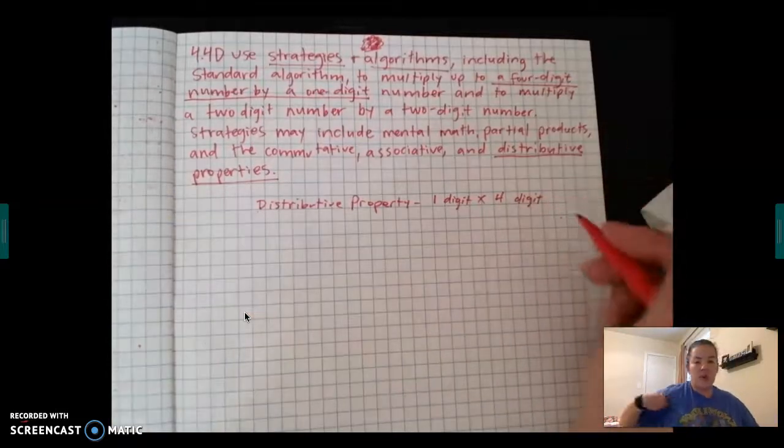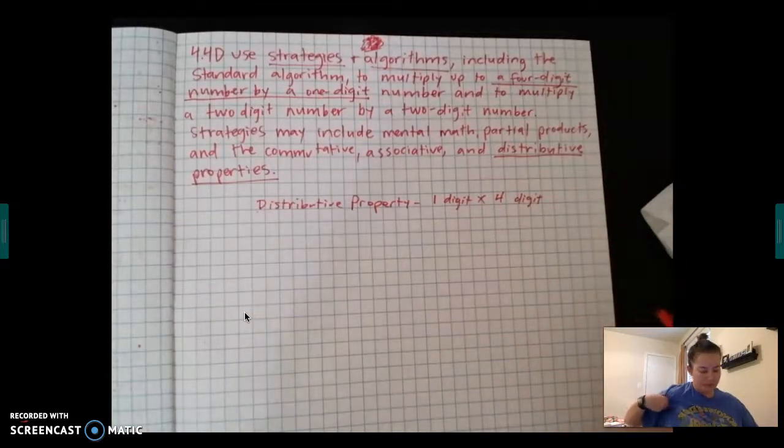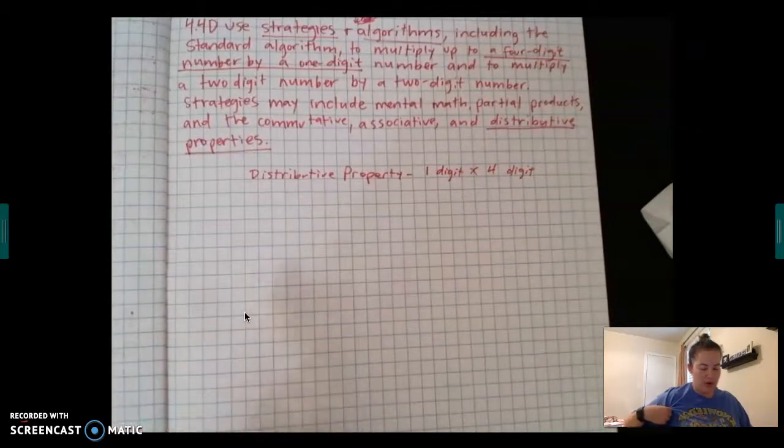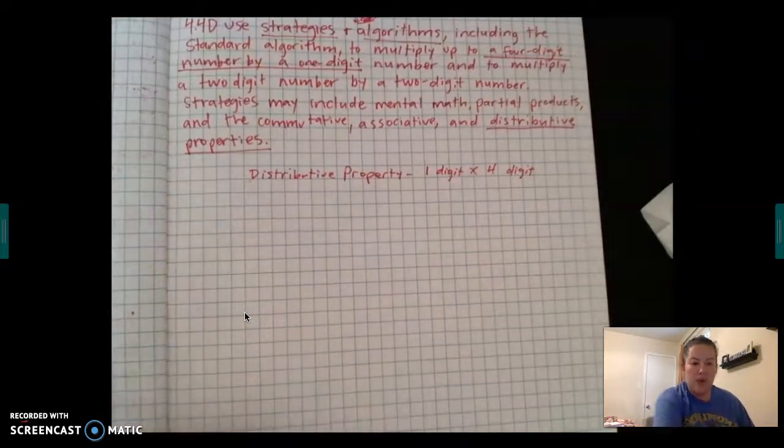So that's what we'll work our way up to. Let's start smaller though. So I'm going to do an example here of what the distributive property is talking about. The past 2 days we focused on multiplying by tens, by hundreds, estimating, rounding to get close to our right number.